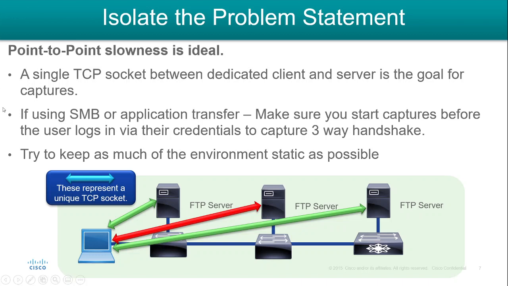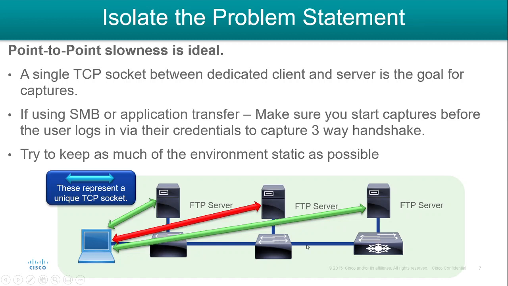It's important to also highlight we want to make sure we can keep as much of the environment as common to our fast and slow captures as possible. As seen in the example down below, I may be able to isolate a single client where, when it connects to one of three different FTP servers, two out of the three servers are fast and one out of the three is considered slow.